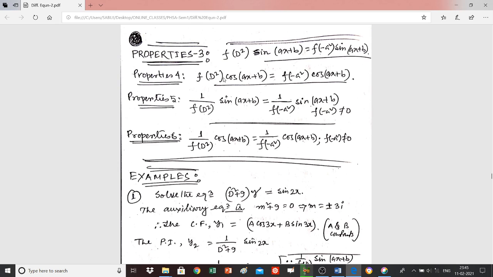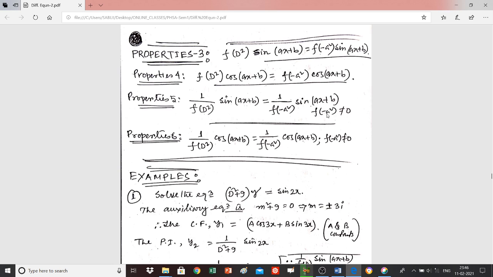And another one is f(D square) cos(ax plus b), which is similar: f(minus a square) cos(ax plus b). That means in the expression of the function of D, only D square should be replaced by minus a square. So from these two properties you can write that 1 by f(D square) sine(ax plus b) is equal to 1 by f(minus a square) sine(ax plus b), provided that f(minus a square) is not equal to 0.